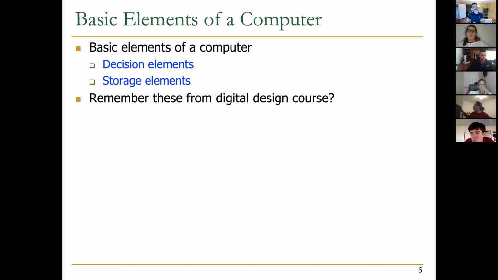And hopefully you remember the roots of these elements from the digital design course, that you can build these elements with combinational circuits and sequential circuits, which give you the capability of decision and storage, and you can build these components with different complexity of different nature.